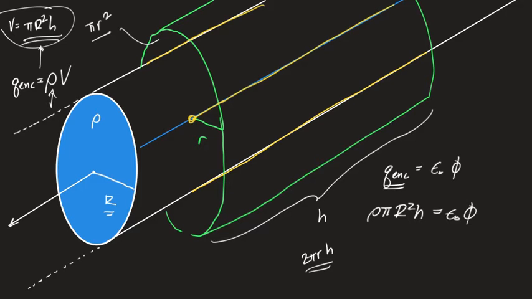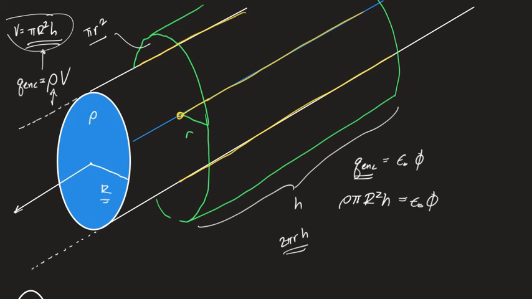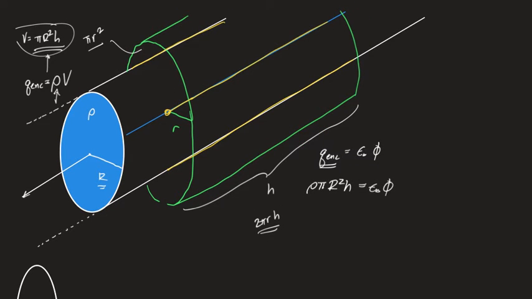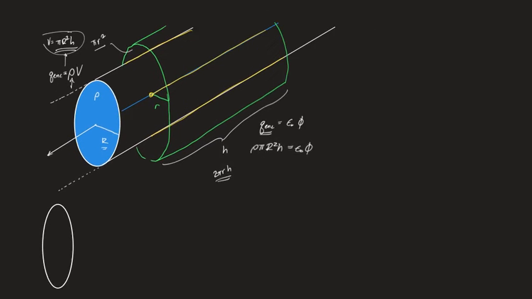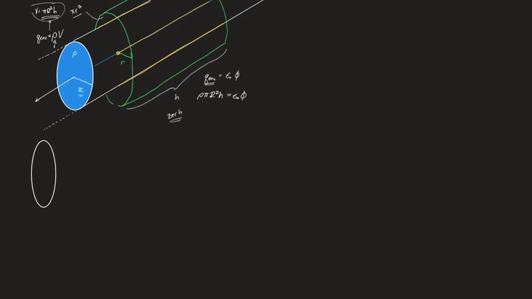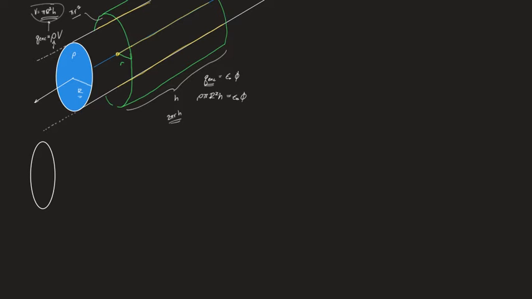Great, now we have to do the flux part of this. That part's actually relatively easy if I can convince you of all the other stuff. So let's do this part. Let's talk about the flux now.